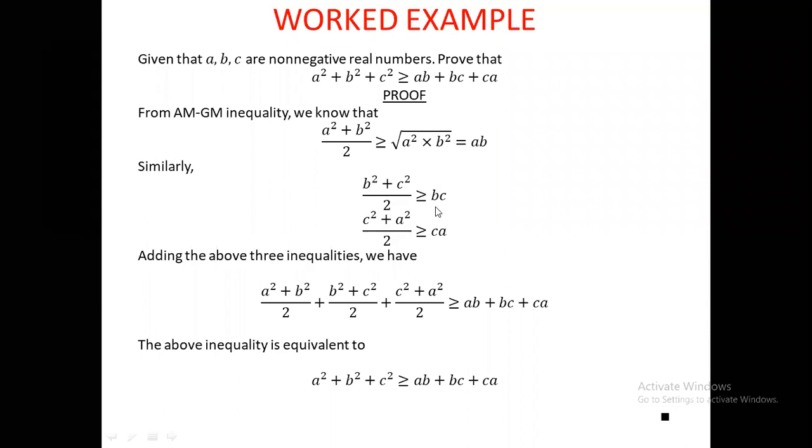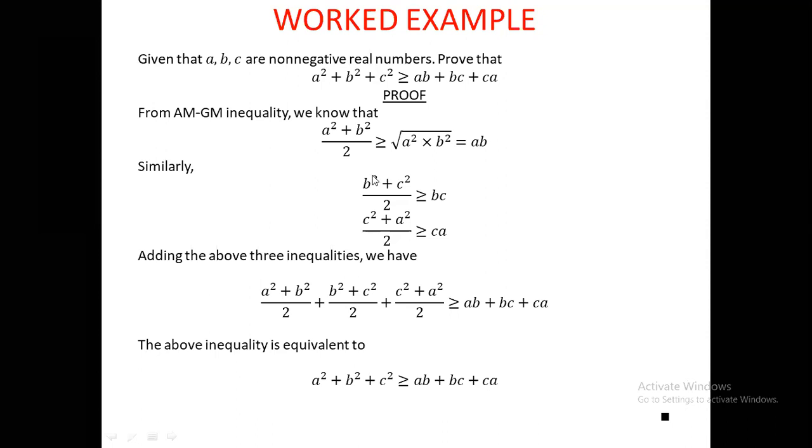The same thing, C squared plus A squared divided by 2 is greater than or equal to the square root of C squared times A squared, which is CA. So these results are true from the AM-GM inequality theorem. When you're proving an inequality, you need to make use of relevant theorems.